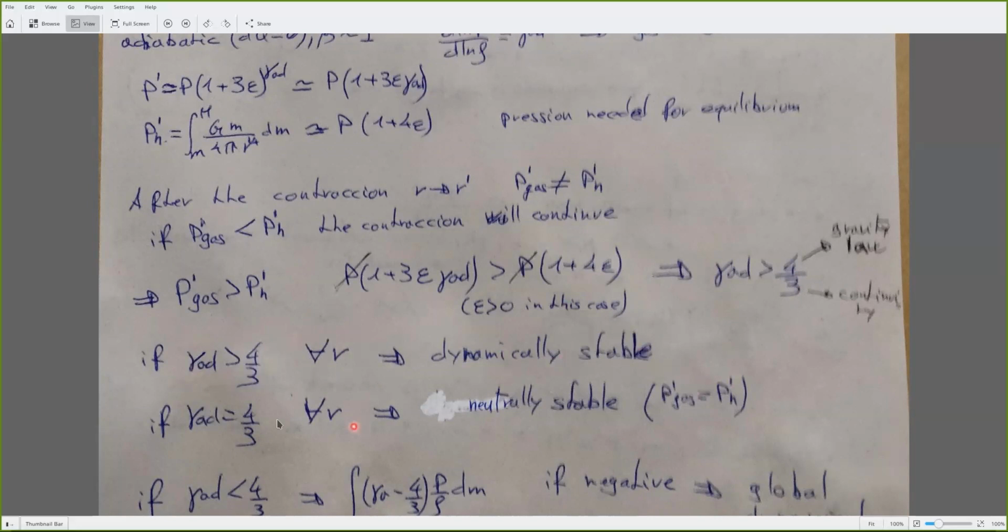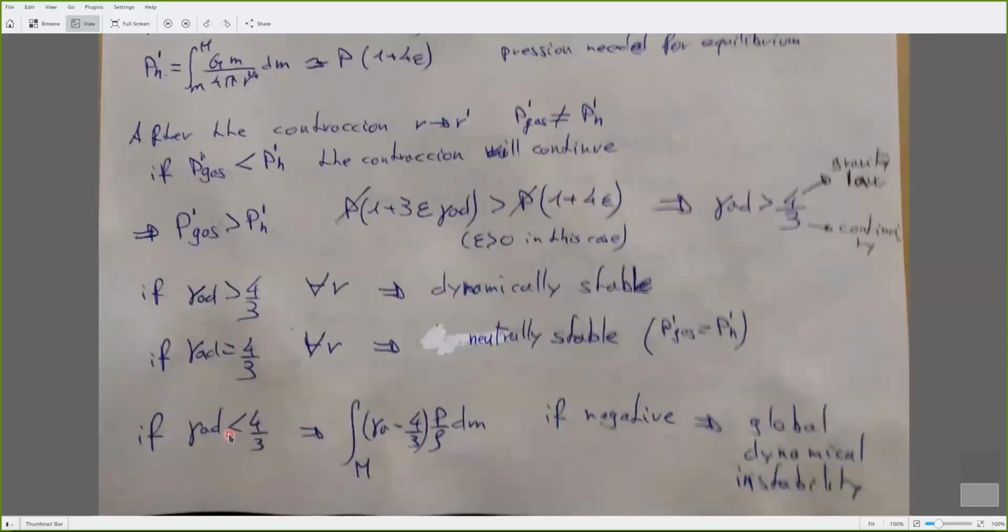If the adiabatic coefficient is equal to 4/3 for all the radius, we have neutral stability, as when the ball is on the horizontal plane and doesn't change. It is because in every contraction the system finds itself again in a static equilibrium.